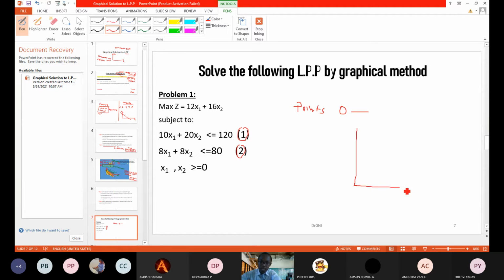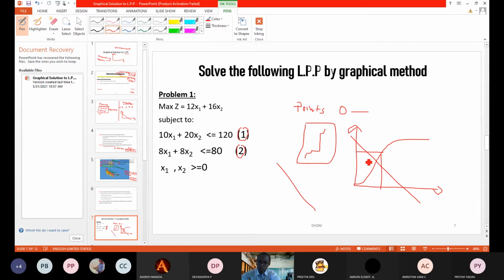You mean a continuous line, Ashish? For example, a graph which goes like this, like this, like this. This type we are not going to deal with. We are dealing with a straight line, a continuous line without any turning here and there. So we are not going to deal with lines which go like this.